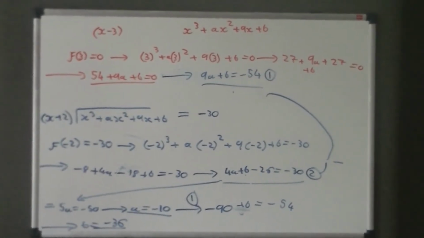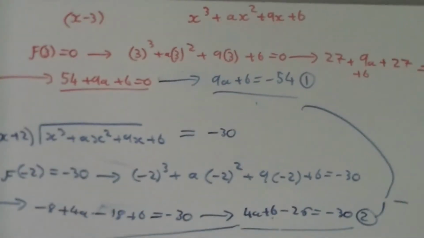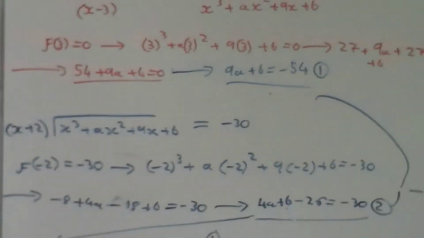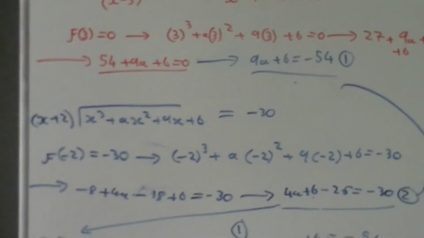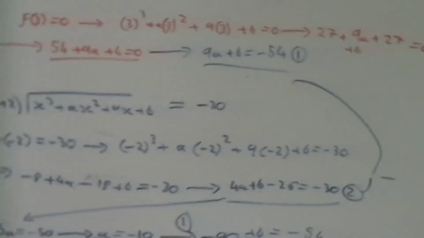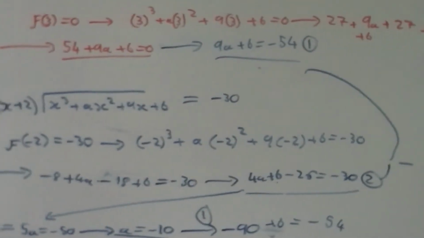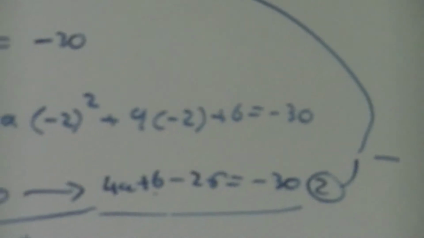So we started with that equation, put the f equals 3 into the equation above, simplified it down, and created equation 1. That equals 30, that's basically the remainder. So we know f minus 2, change the sign, equals 30. Then we put minus 2 into the equation and simplified that to get equation 2.